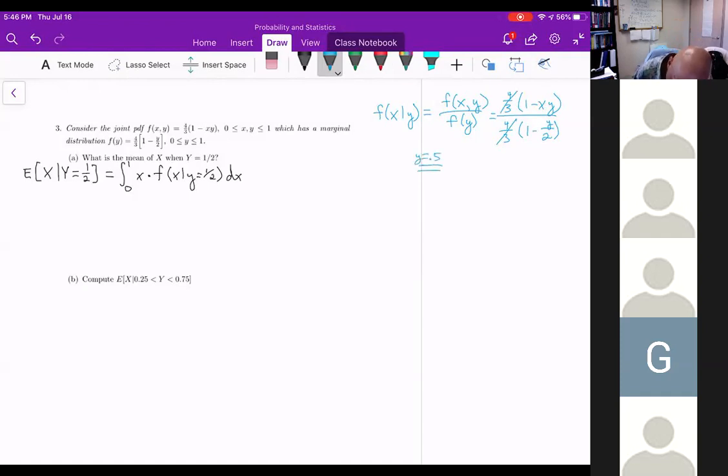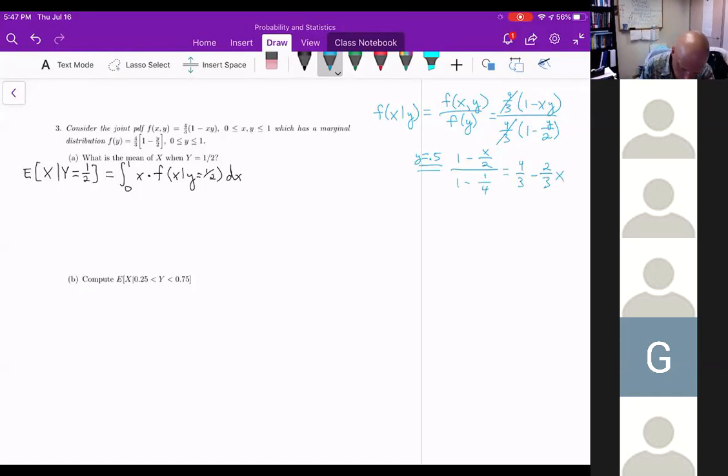So that means we have 1 minus x over 2 on top. And we have 1 minus 1/2 over 2, or 1/4, which is going to be 3/4 on the bottom. Or multiplied by the reciprocal, we've got 4/3 minus 4/3 times x over 2, which is going to be 2/3 x. So it simplifies pretty nicely.